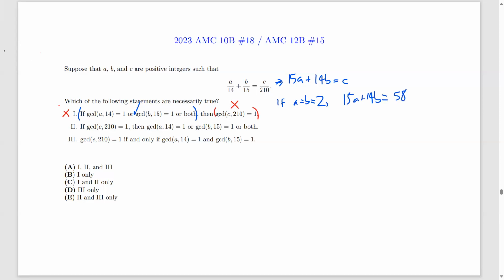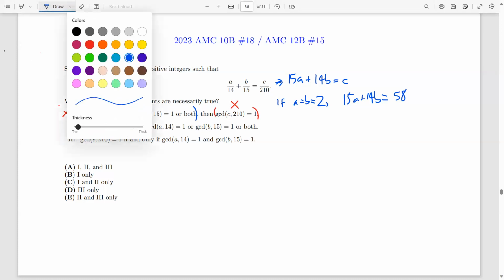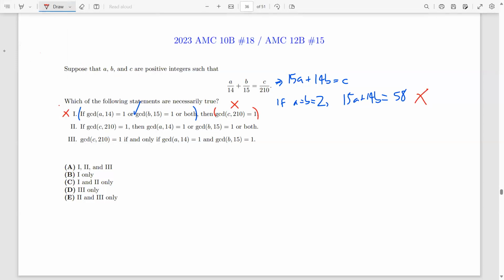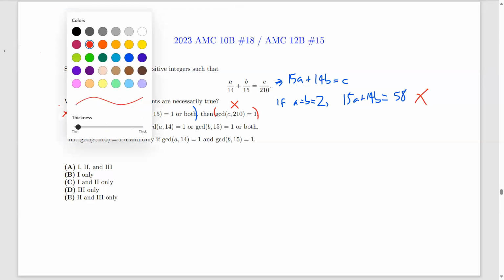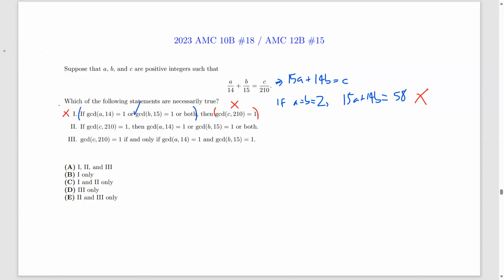And 58 is not relatively prime with 210. Therefore, the then statement that the GCD of c and 210 is 1 is false. So because we found one counterexample, statement 1 has to be false, or in other words, not necessarily true.